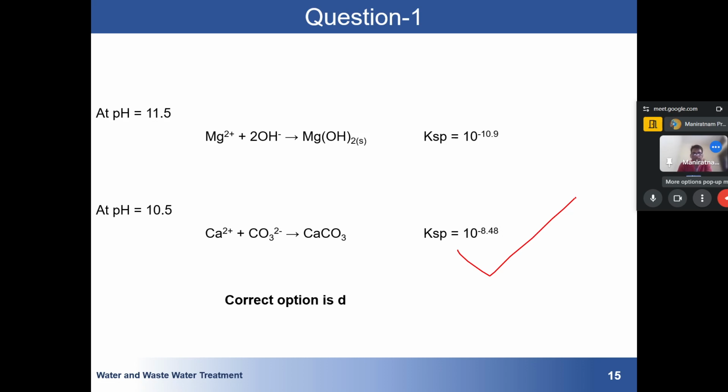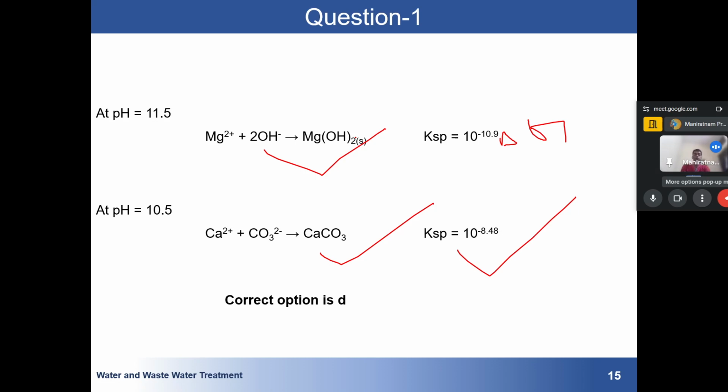You should know that there is something called delta G, and all this formation depends upon delta G. Delta G is more negative for this formation than for the formation of calcium hydroxide. Similarly, carbonate will also be present for magnesium, but the formation of magnesium hydroxide is more dominant compared to the formation of magnesium carbonate.